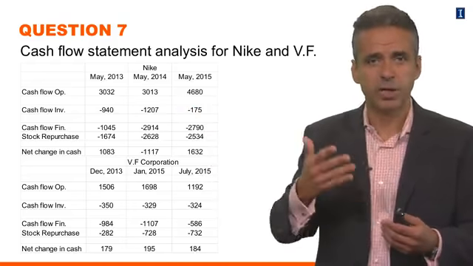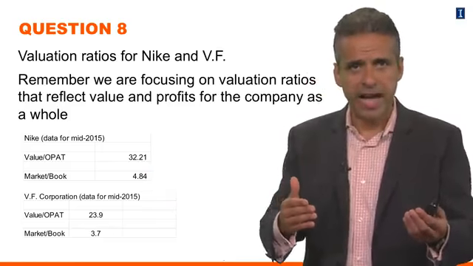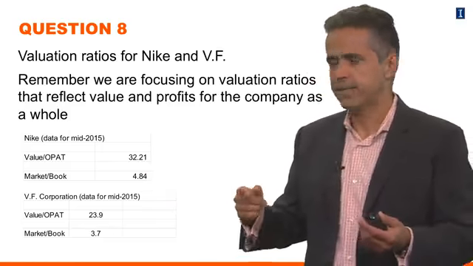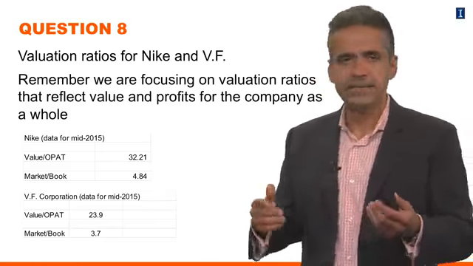And market to book refers to market value of assets divided by the book value of assets. That avoids problems with negative book value of equity, for example. Okay? So those are the numbers you should have found. What we see is that Nike has higher valuation ratios, right?